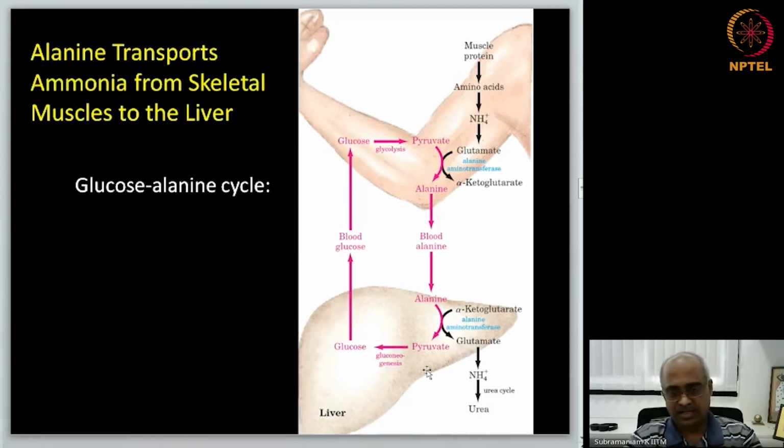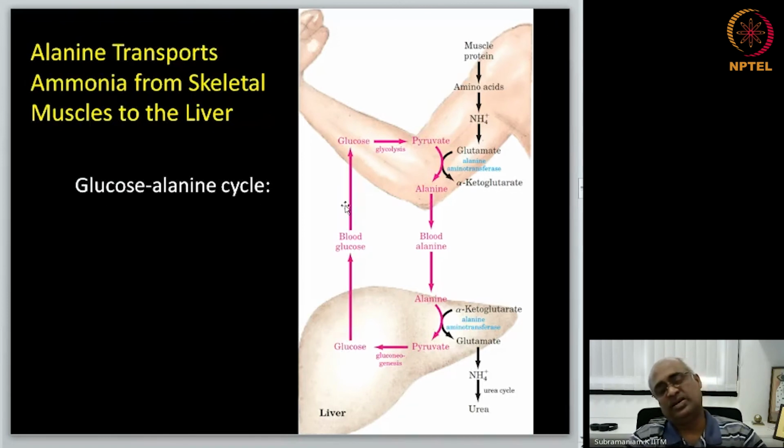And this alanine, again through a transamination reaction in the reverse direction, produces pyruvate and glutamate. From glutamate, we just saw glutamate dehydrogenase will liberate ammonia. And this pyruvate, as we have seen earlier, undergoes gluconeogenesis to produce glucose in the liver.